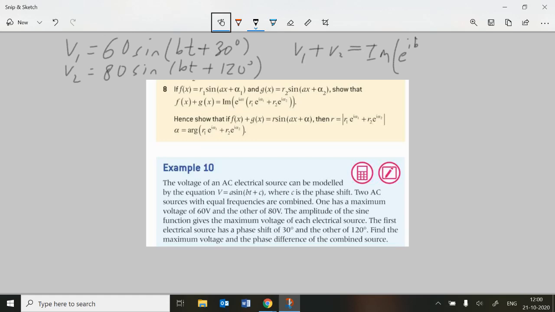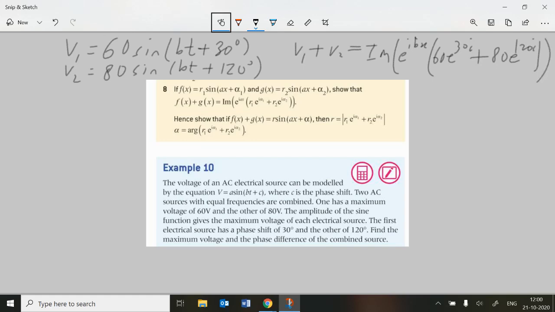Then inside the brackets we're getting R1, so R1 is 60, and then that's e to the i alpha 1, which is 30. Maybe it's neater if we say 30i. And then we've got plus R2, so we've got 80 e to the 120i.